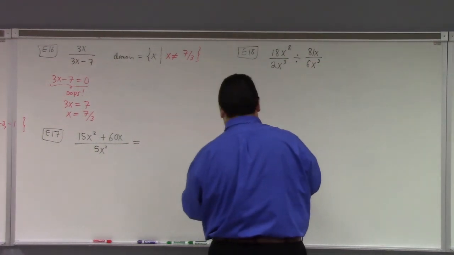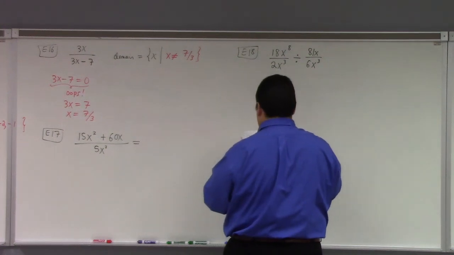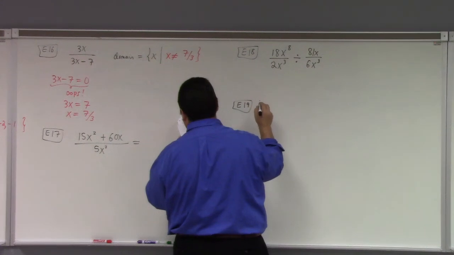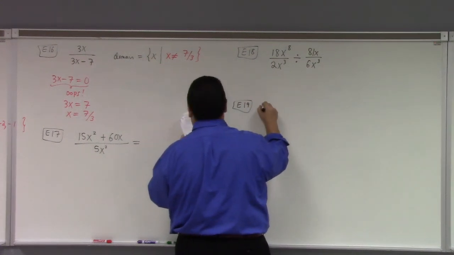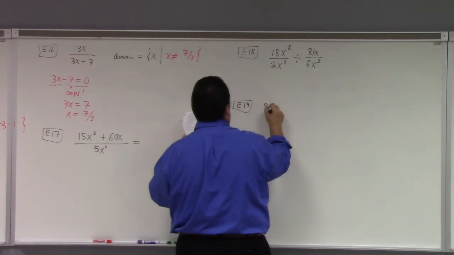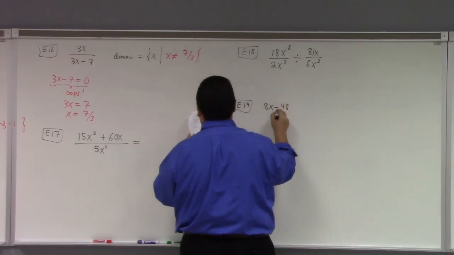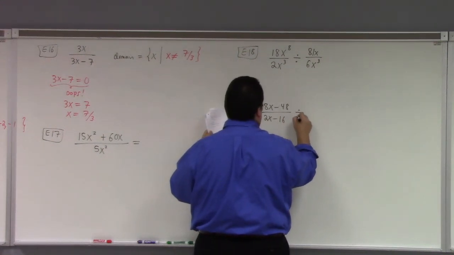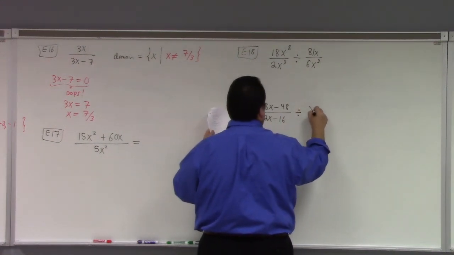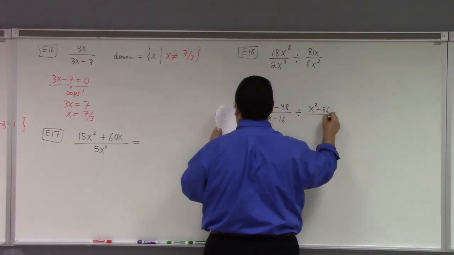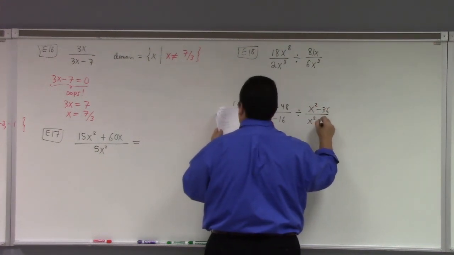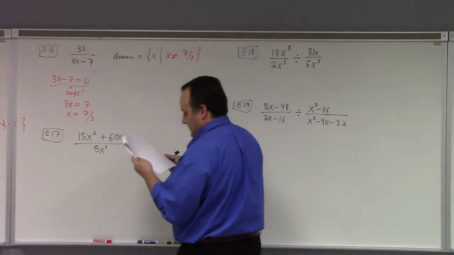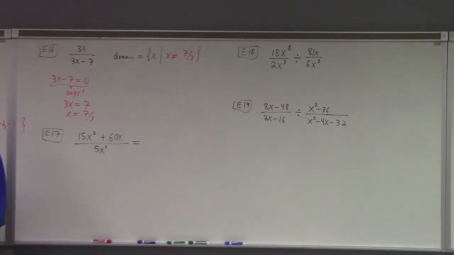And example 19 is going to be 8x minus 48 over 2x minus 16 divided by x squared minus 36 over x squared minus 4x minus 32. All right, so we're gonna chew on these three examples here.